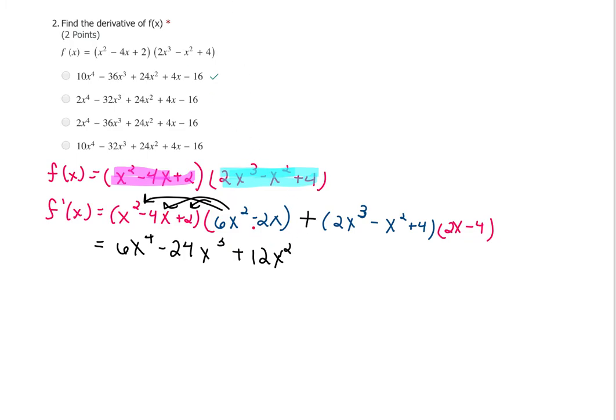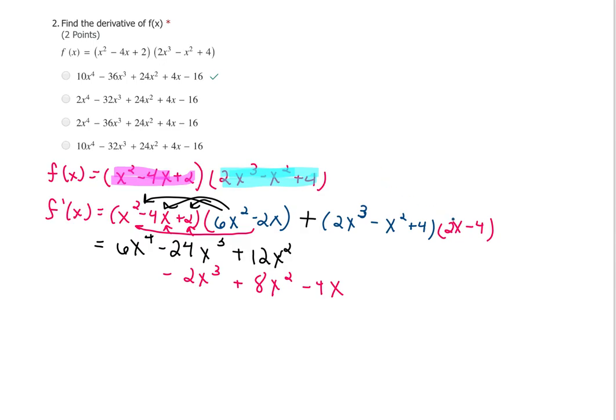And now I'm going to take this negative 2 and I'm going to distribute it to all three terms in that first parentheses. So negative 2 times x squared gives us a negative 2x cubed. And negative 2 times negative 4 gives us a positive 8x squared. And then that gives us a negative 4x.